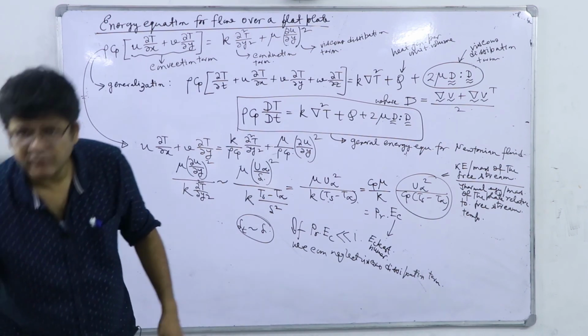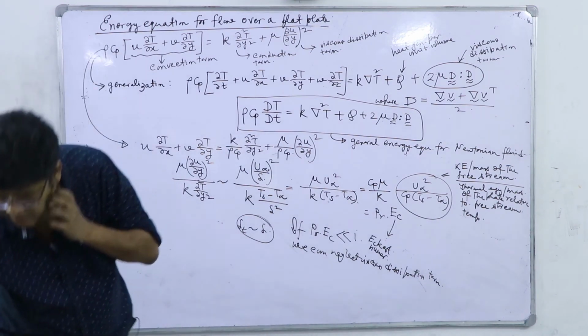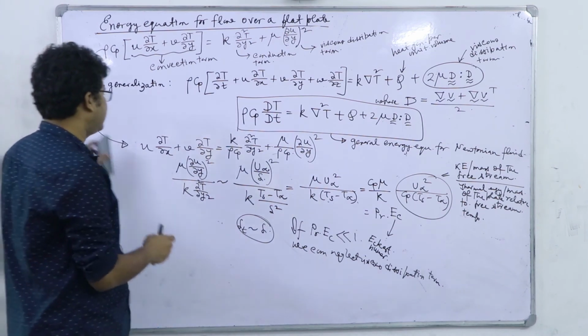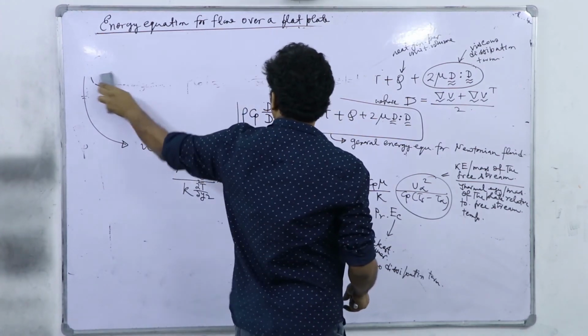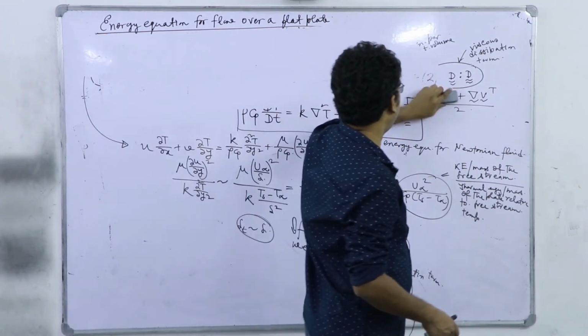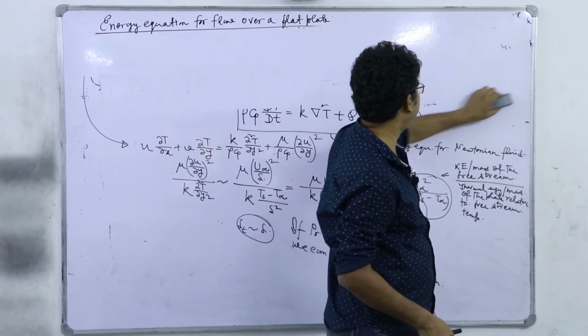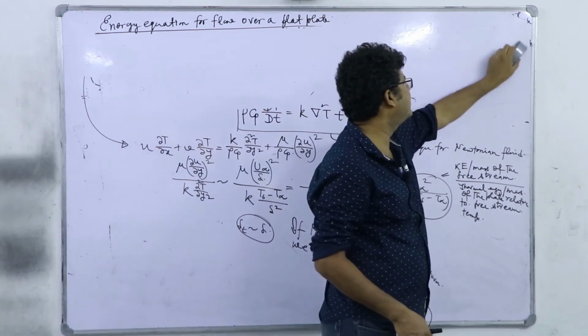You see, in 2007 there was a great question: write the general energy equation, or the energy equation, for fully developed laminar flow in a pipe. Just try to understand.